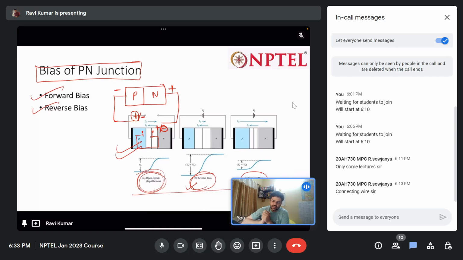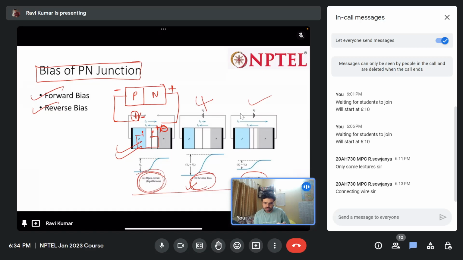What is your understanding? Why does it allow current to flow in forward bias but not in reverse bias?